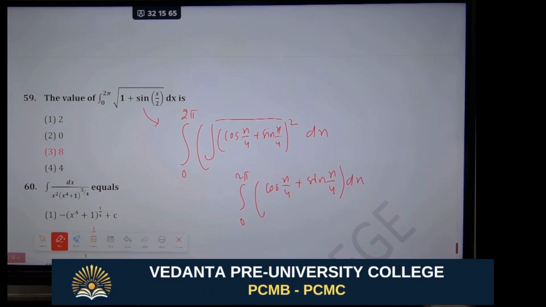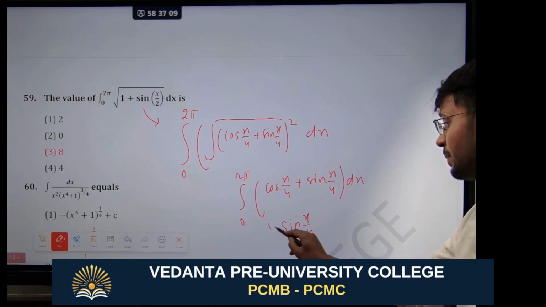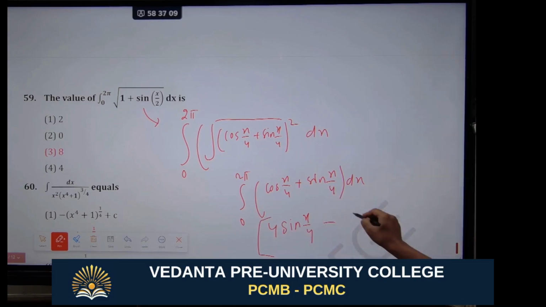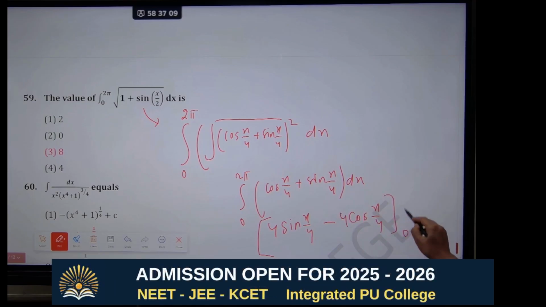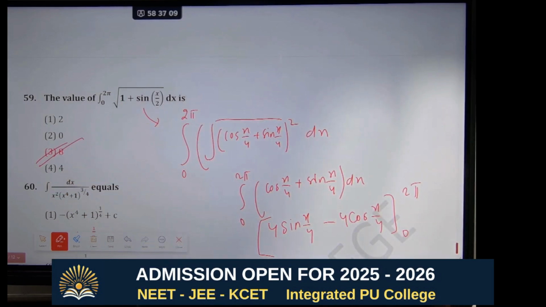Now integrate. Integration of cos is sin x by 4 divided by 1 by 4, the 4 will come this side. Sin is minus cos divided by 4, from 0 to 2 pi. Substitute the values 0 to 2 pi, you'll get the answer 8.